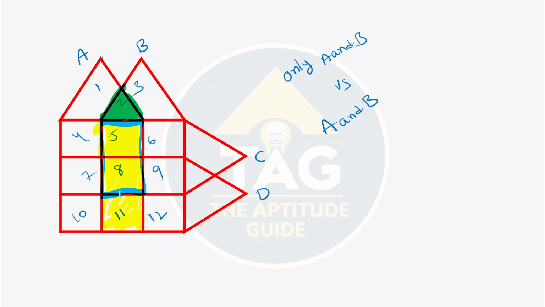So this is the area involved in A, B, as well as C. But for only A, B, and C, D should not be involved in this. If that's the case, this is only A, B, and C. That's how it works.